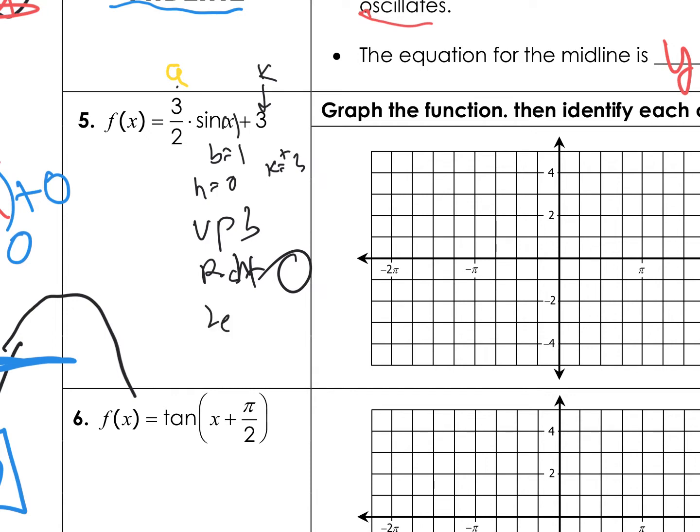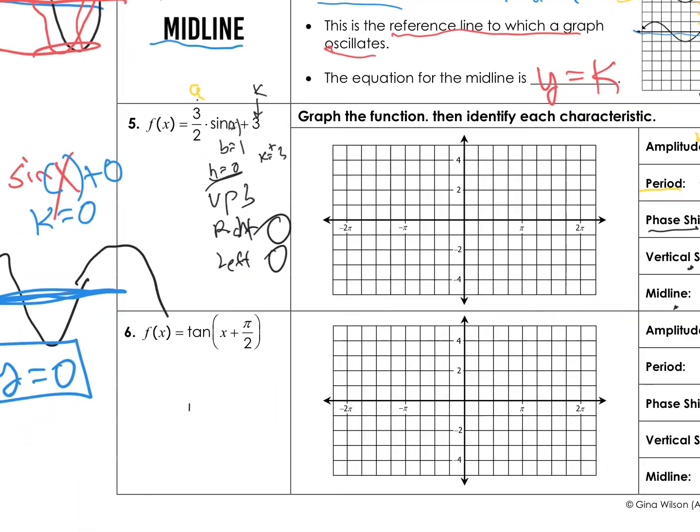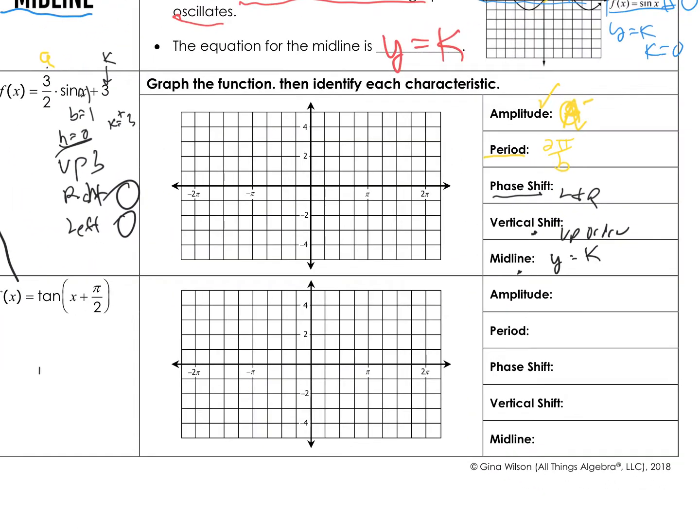I could have said left, 0, but because there's nothing, if h is 0, it doesn't go left or right. So this is not going to be too hard. My midline is going to be k, so right here I'm going to put midline will be 3.